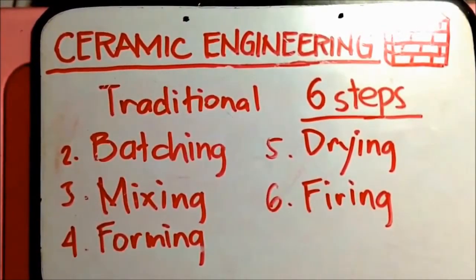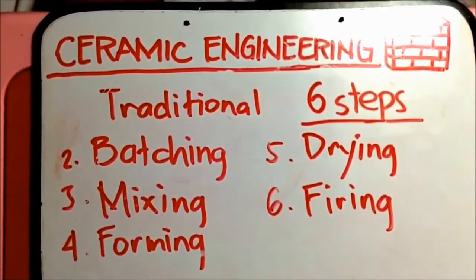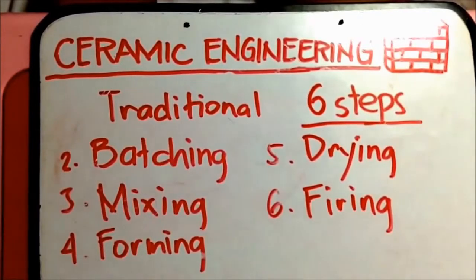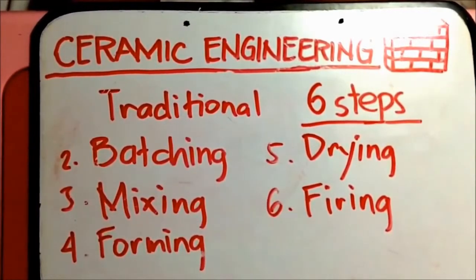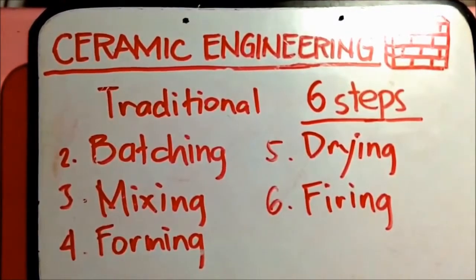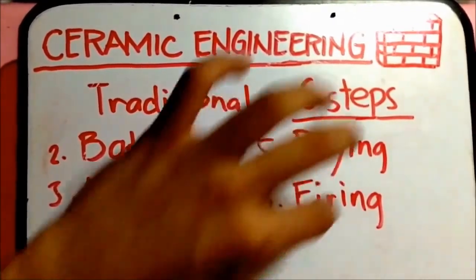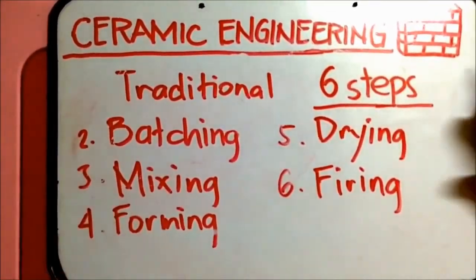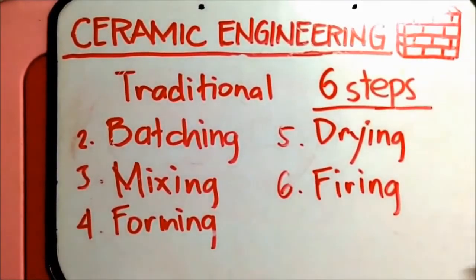Sintering is the process in which the ceramic will have greater strength and fracture toughness. And after that, the product will be stored at room temperature and ready to go. That's it.